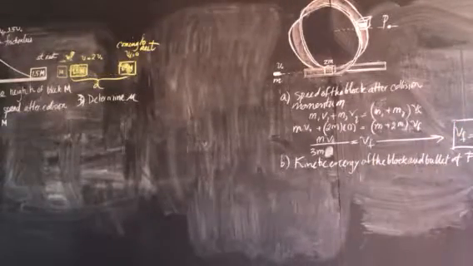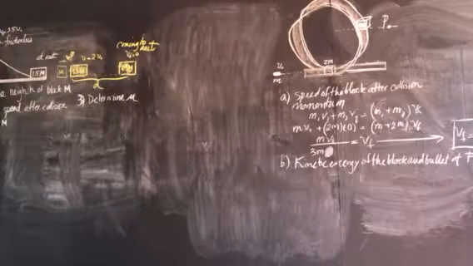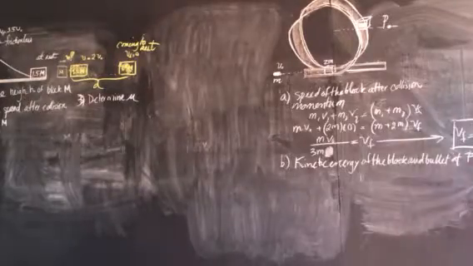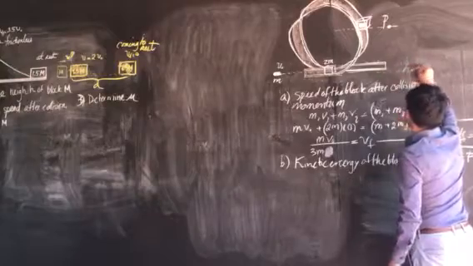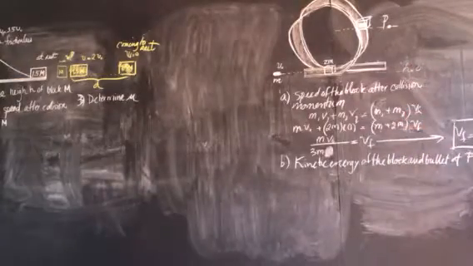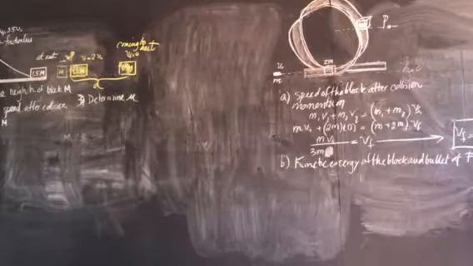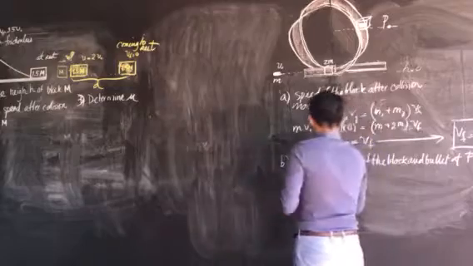So we're gonna go ahead and look at the kinetic energy of the block and the bullet at point P. So we have a point of reference. So this h is equal to 0 there. So we're gonna have to use the conservation of energy.